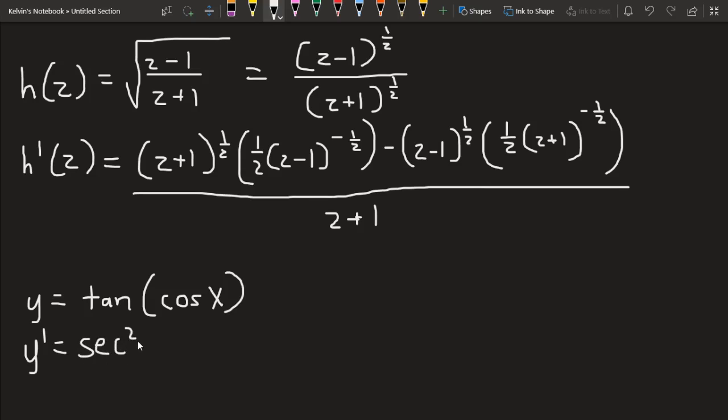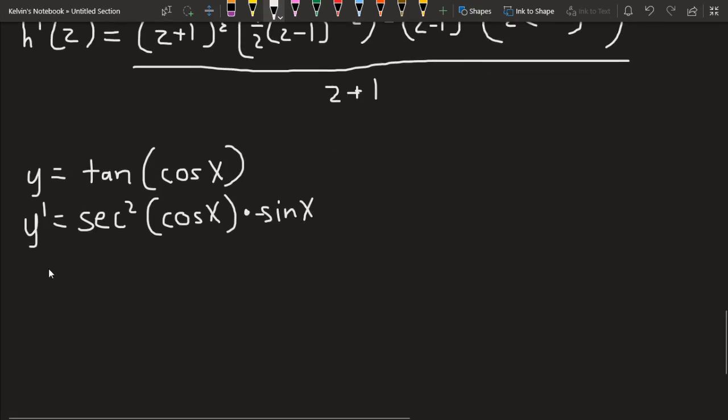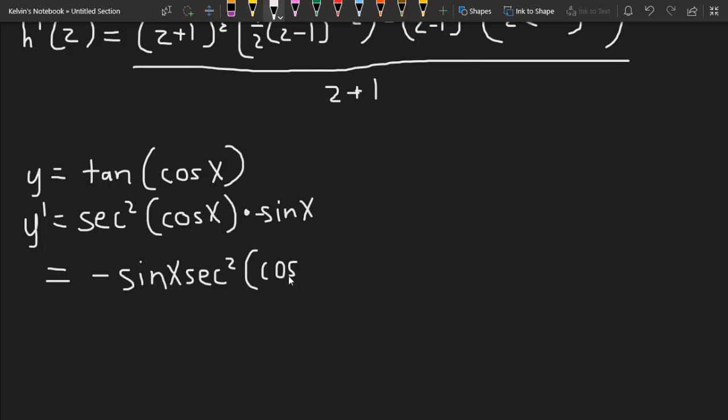So secant squared of cosine of x. And we have to find the derivative of the inside, which is cosine of x. The derivative of cosine of x is negative sine of x. So this just turns out to be negative sine of x times secant squared of cosine of x, like so.